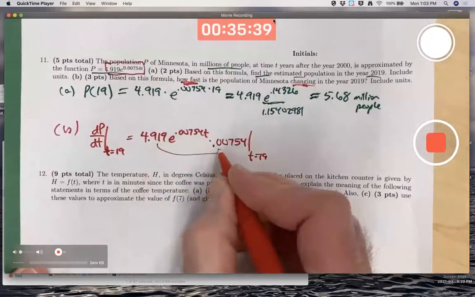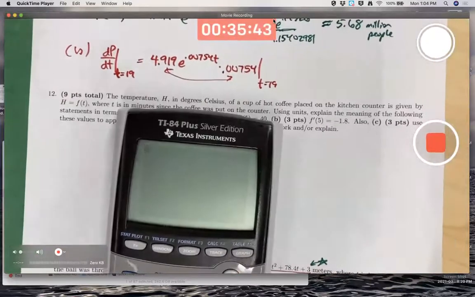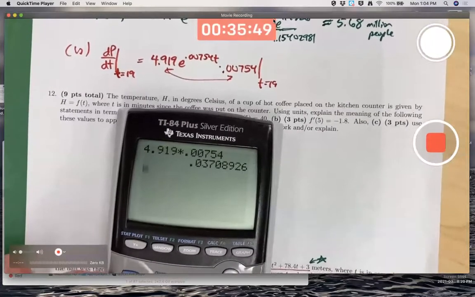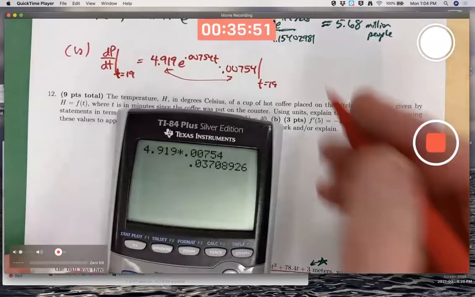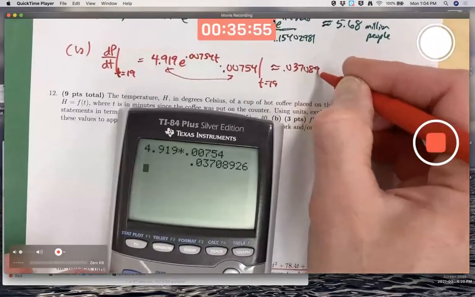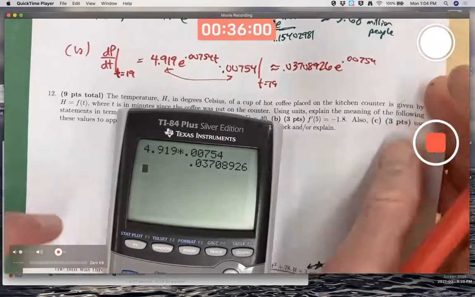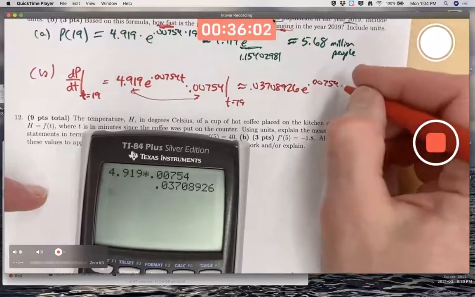If you multiply these two numbers, what do you get? 4.919 times 0.00754 gives you that. 0.0370896 e to the 0.00754. Now go ahead and plug in 19. It's fine.